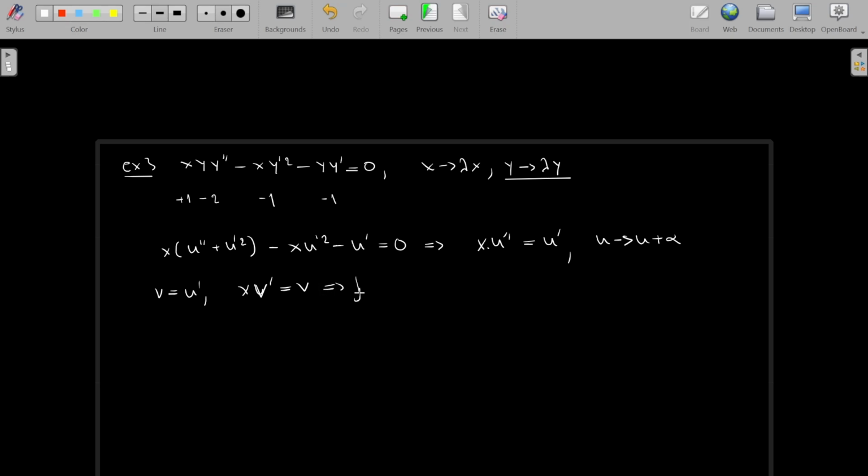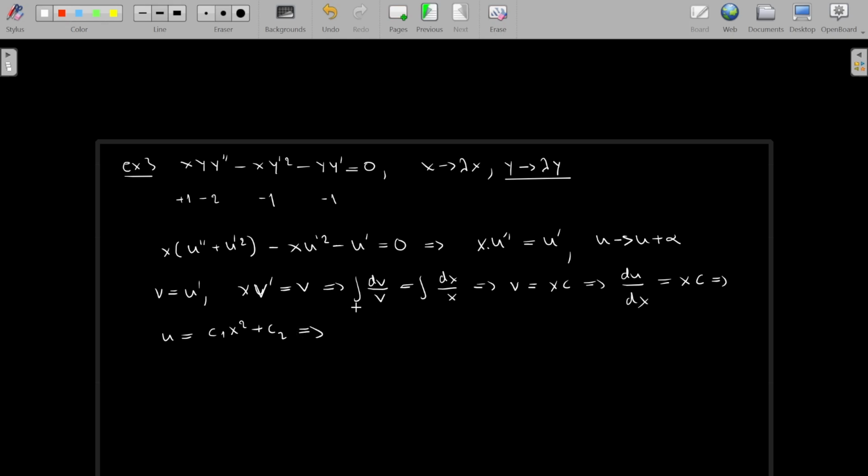meaning that dv over v is dx over x. So v of x is a constant times x, and u prime, which is du over dx, is equal to v, which we found, meaning that u is the integral of this, so it's just a constant times x squared plus another constant.